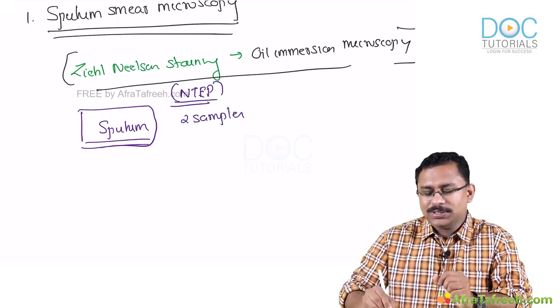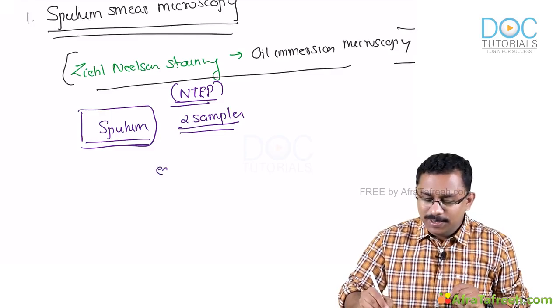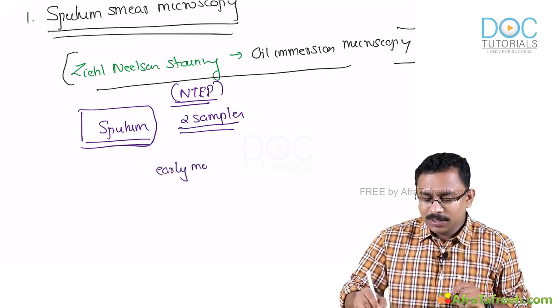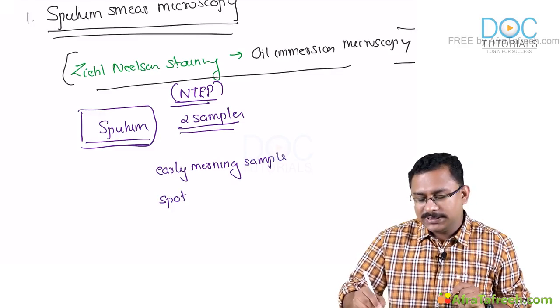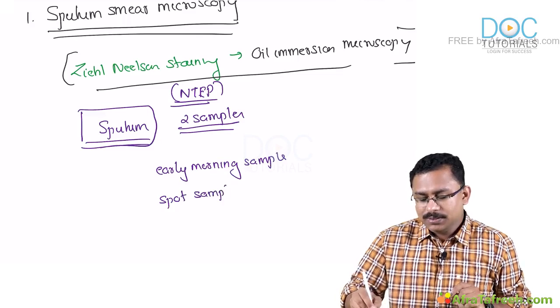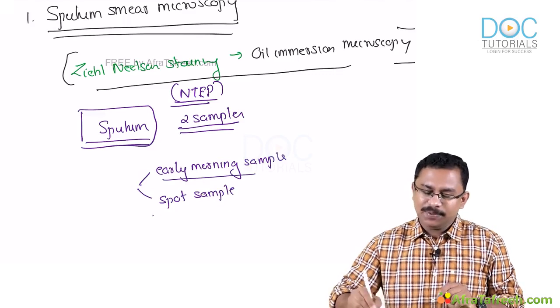Now, what are the two samples? One is an early morning sample, and the second is a spot sample. So you are going to have an early morning sample as well as a spot sample.